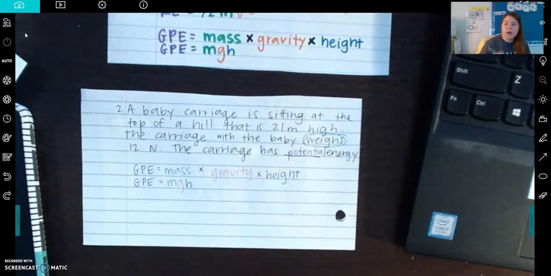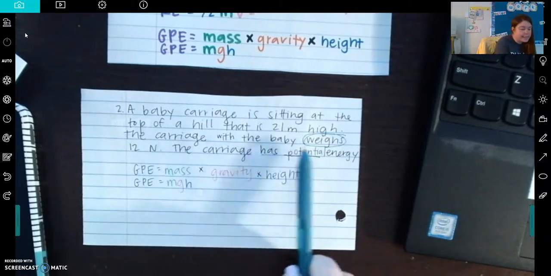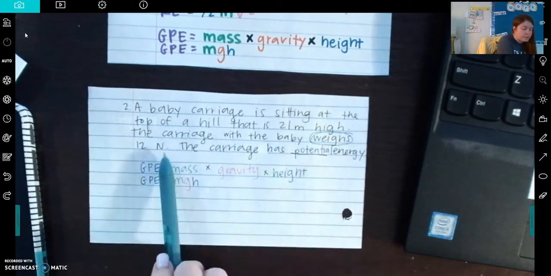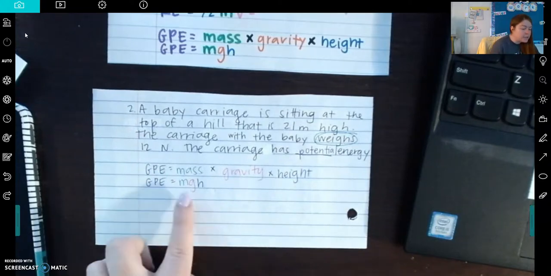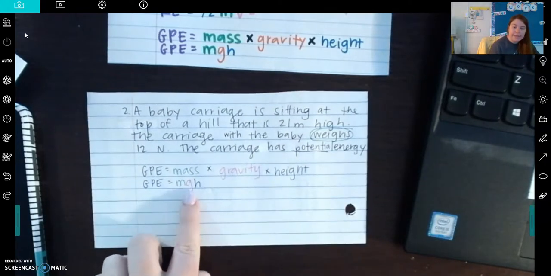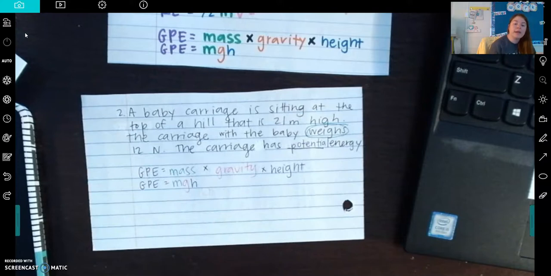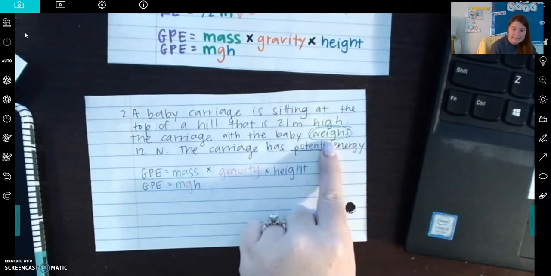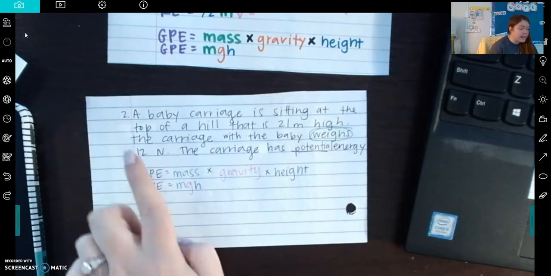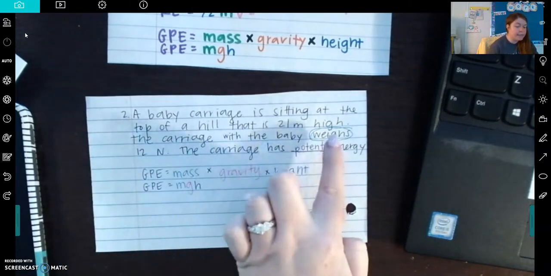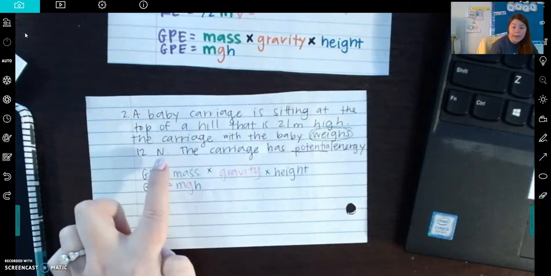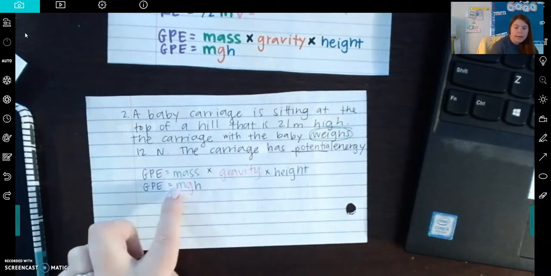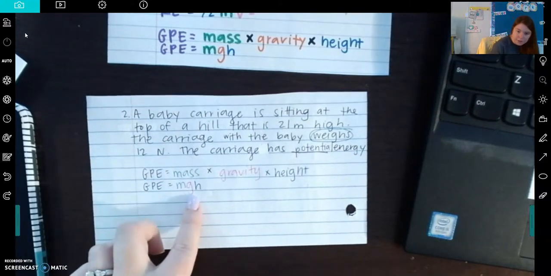your weight has already factored in the gravity on the planet you are on. So if it says that the carriage weighs 12 newtons, this means that it includes both the mass and the gravity. Those have both already been multiplied together. That's what the weight is. If this said that the carriage with the baby has a mass of 12 grams, we would write in mass first and then fill in gravity.